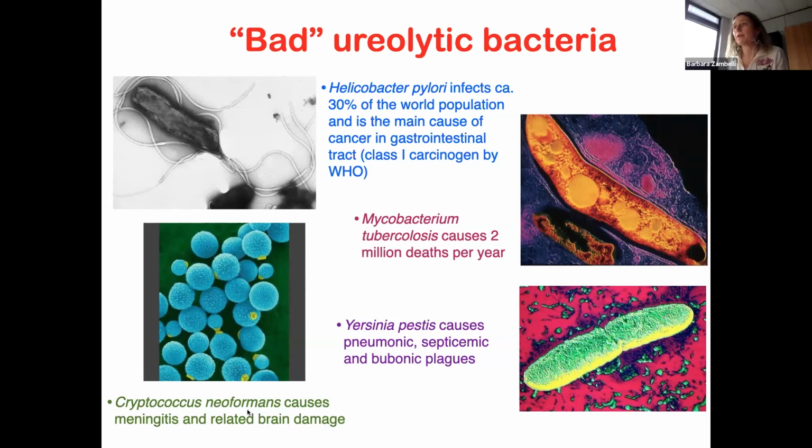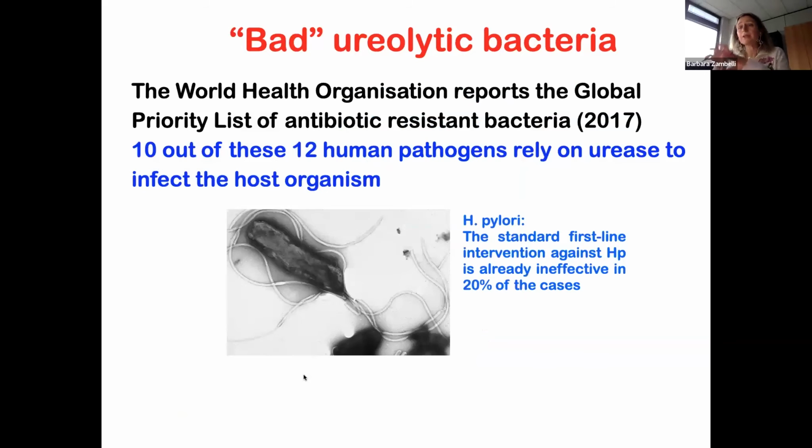Cryptococcus neoformans is a fungus that causes meningitis and other brain damage. Many of these bacteria are included in the list that WHO made a few years ago of human pathogens that are becoming more and more antibiotic resistant. So 10 out of these 12 human pathogens are ureolytic.